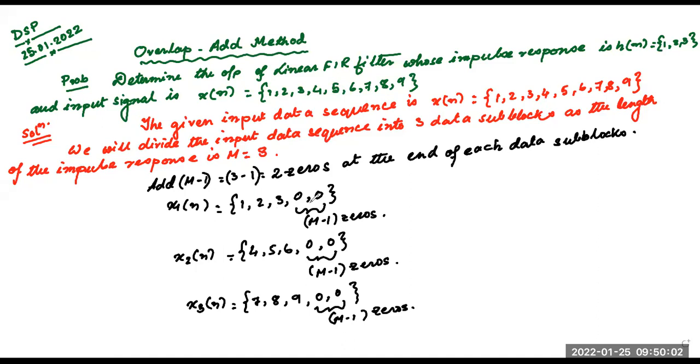You just write your 3 new input data values and then add m minus 1 zeros. Again write 3 new data values and add m minus 1 zeros. Again write 3 new data values and then m minus 1 zeros. Like this, you generate your new input data sequence.